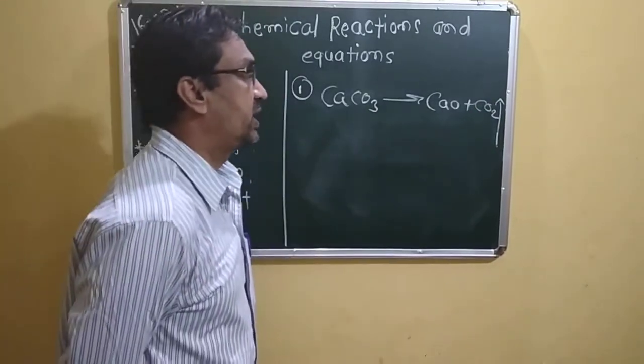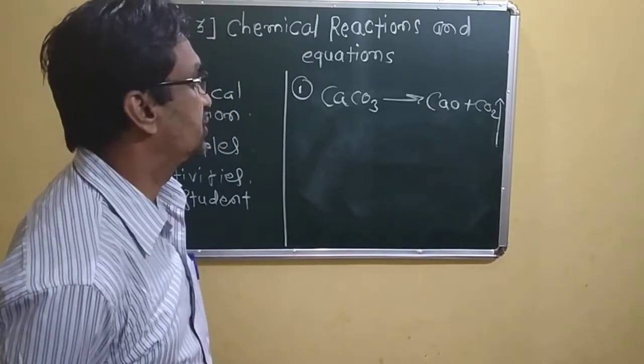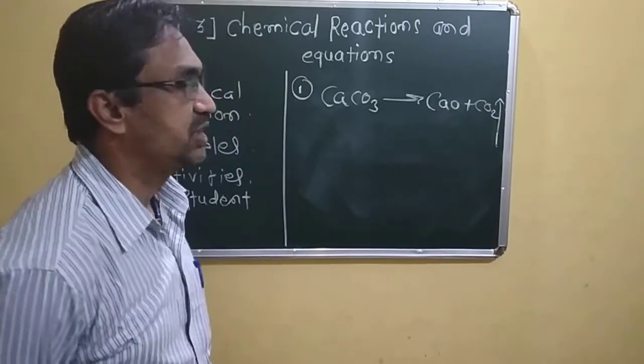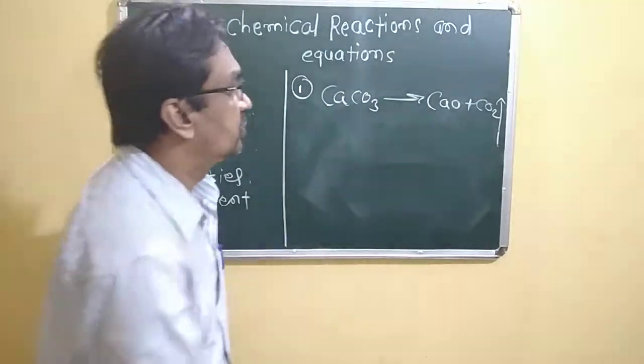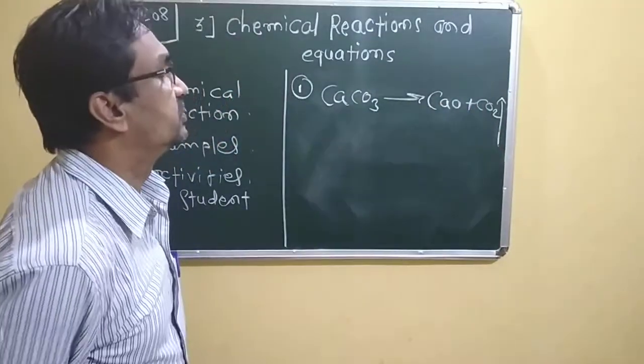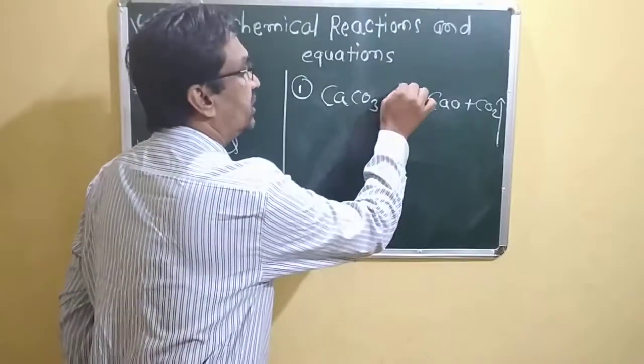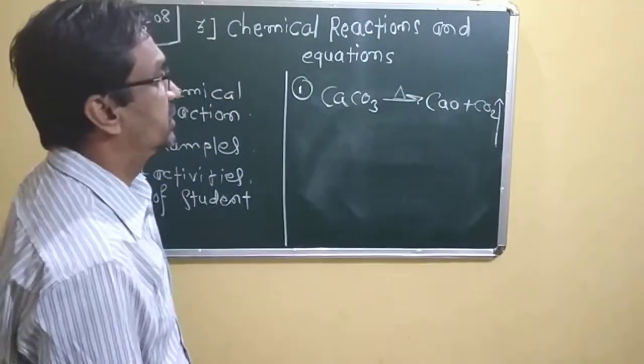The gas is evolved in this reaction, and calcium oxide is the other product. These are the two products we find when we heat calcium carbonate.